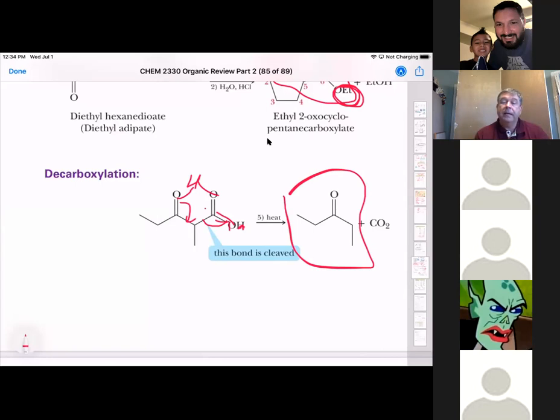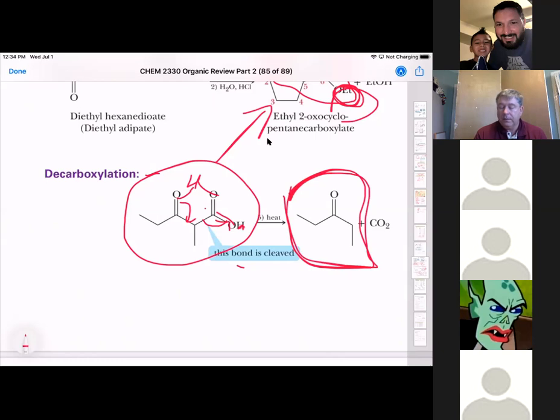Remember that intermediate is an enol, but it'll rearrange immediately to the ketone. So once we have this beta carbonyl ester from our claisen, we can then clip off the ester and decarbonylate it to give us our new ketone.